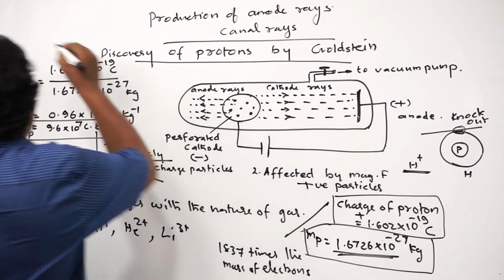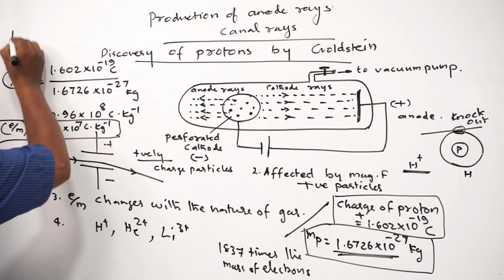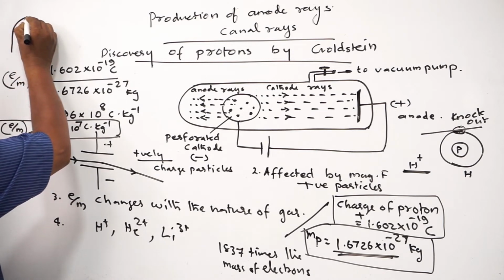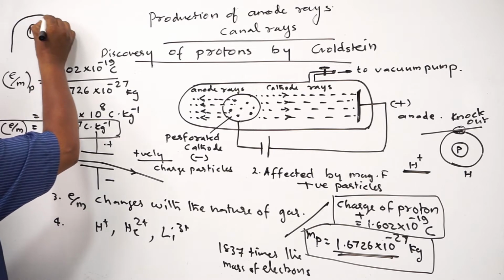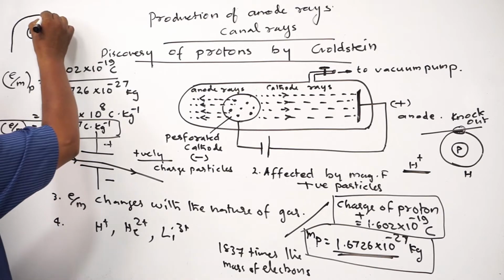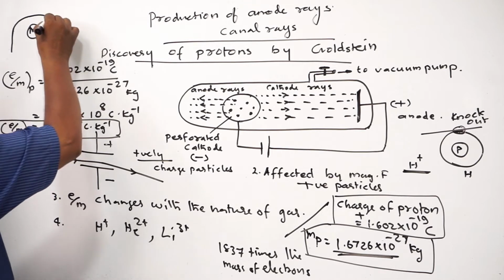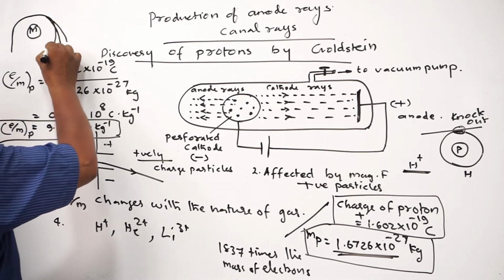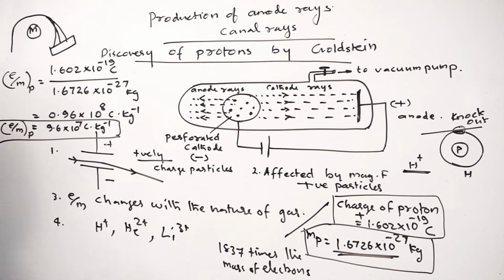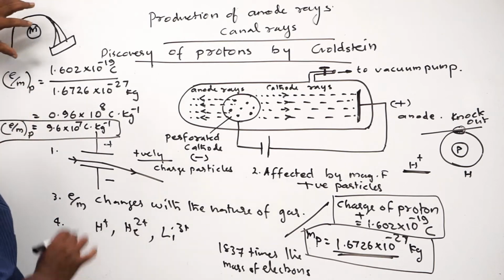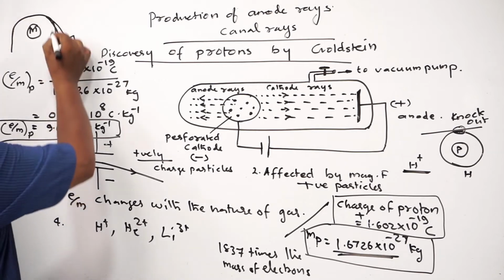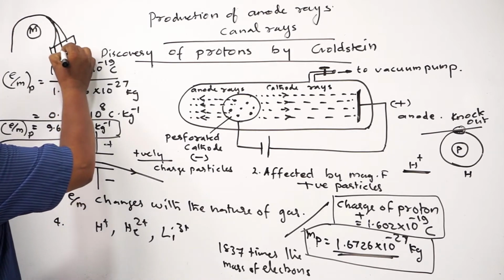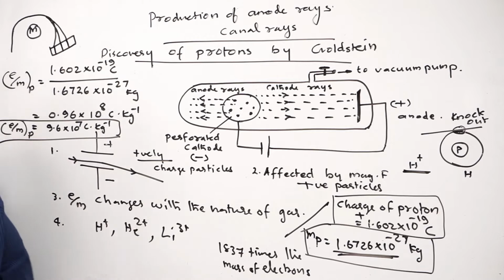If this anode ray, produced by the isotopes of hydrogen, is passed near a magnetic field, they will be attracted by the magnetic field according to their mass. So anode rays will split into three. Lighter isotopes are strongly attracted by the magnetic field, so we get three splits and we get three lines in the mass spectrum.